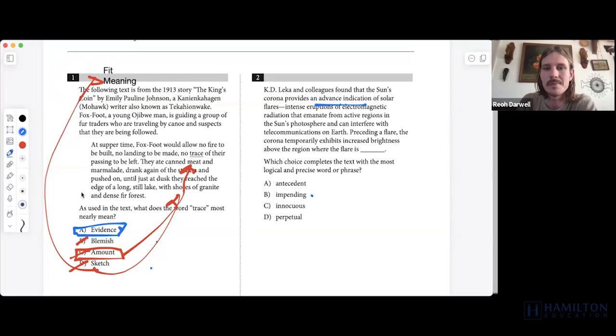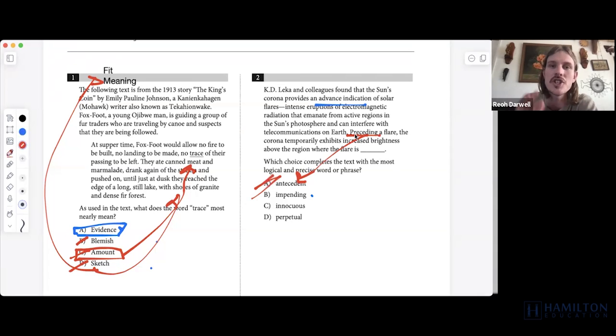All right. Now, the answer choice that I think is really compelling here is antecedent. Okay. Antecedent means before, right? Something's antecedent is something that comes before. It's like an ancestor. Okay. And we see preceding a flare. Preceding and antecedent are really close in meaning.